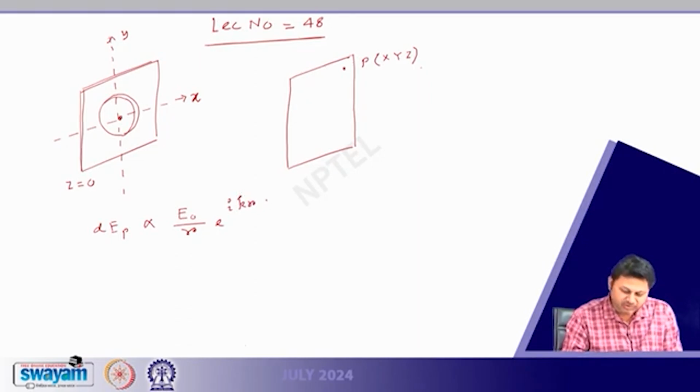I can also include the omega t term because this is essentially a propagating wave, but in the last calculation we omitted that. Even if you put this, there will be no effect, but for completeness let us put it, and dx dy.